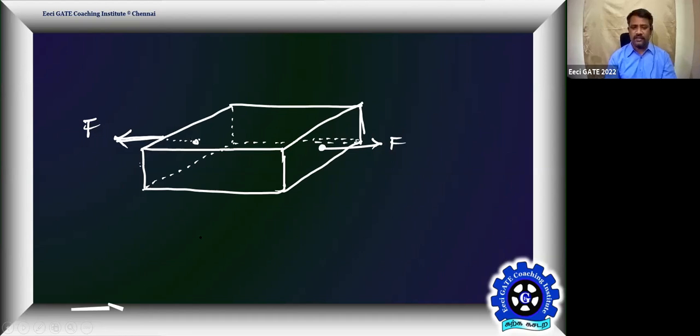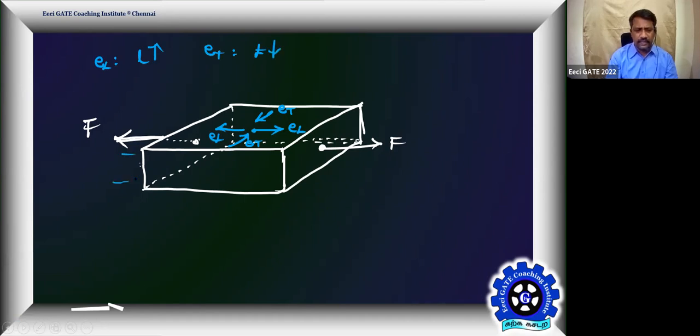Both are pulling forces, pulling the body on the two sides. Then on the top surface, what we have is our strain. With respect to this top surface, I have marked this as the EL. This is also EL, and this is our component ET. Agree, everyone? Already mentioned, EL is responsible to increase the length, ET is responsible to decrease what? The thickness of the metal block.